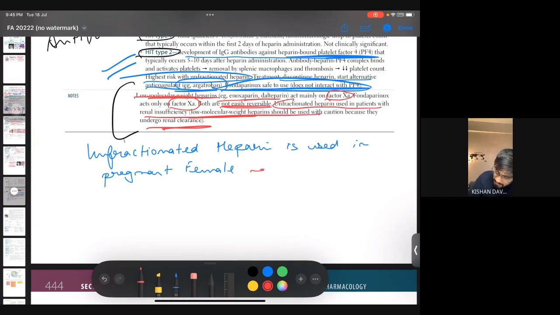Why? Because it is eliminated by the liver. This was given in NBME. All right, that's it. Let's move ahead.